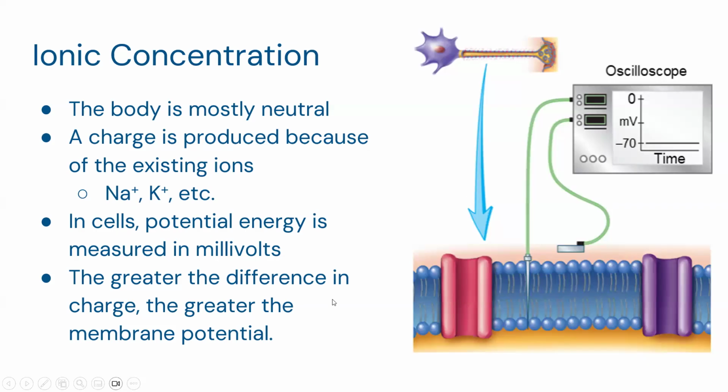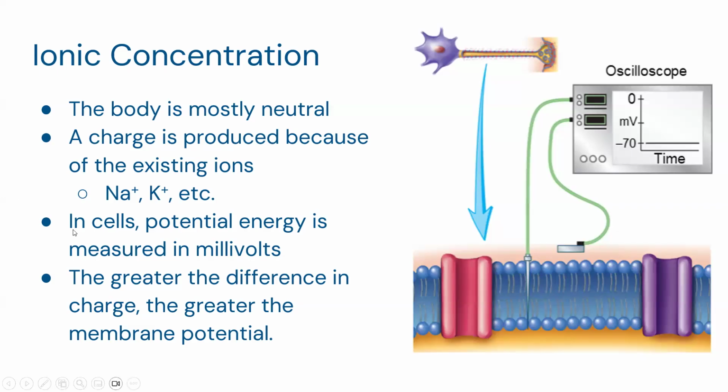We said things like to go from higher concentration to lower concentration in diffusion. So that concept is going to be important for this. And in this general concept, the bigger the difference between the inside and the outside, the larger that membrane potential is going to be.